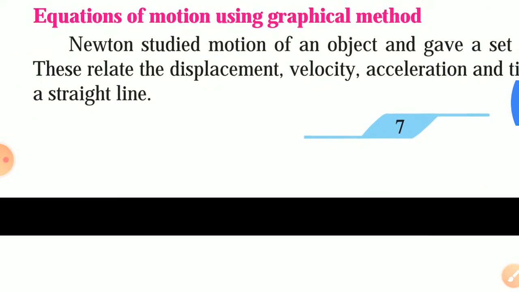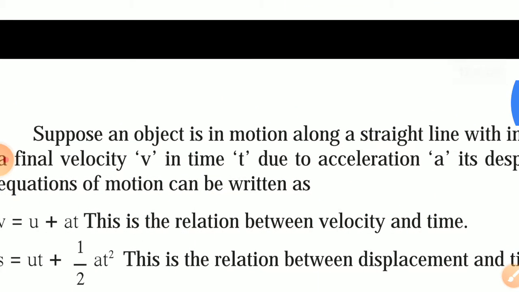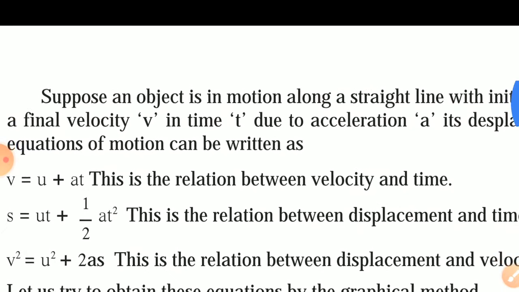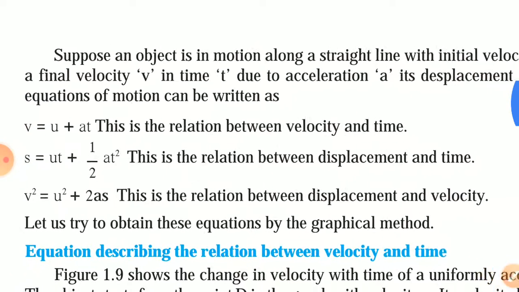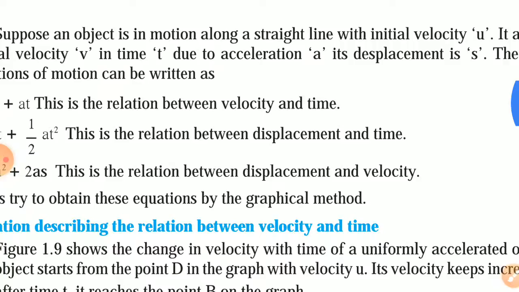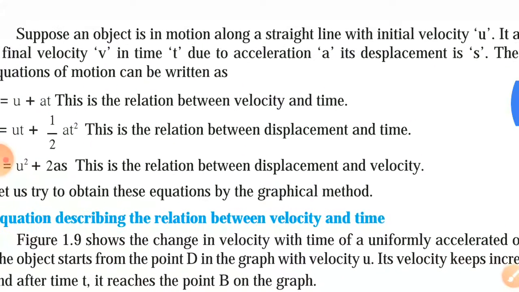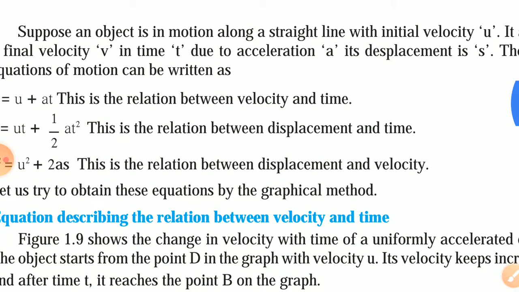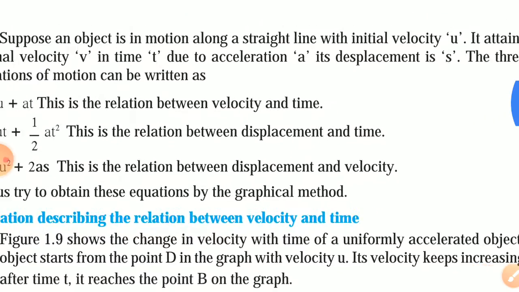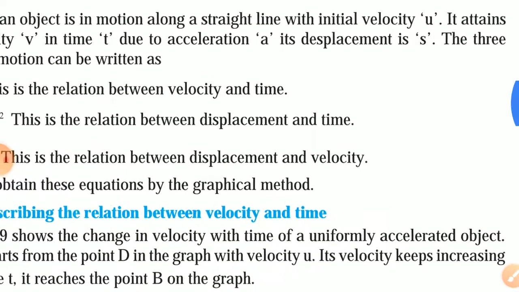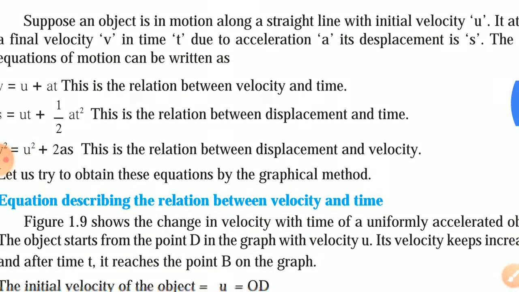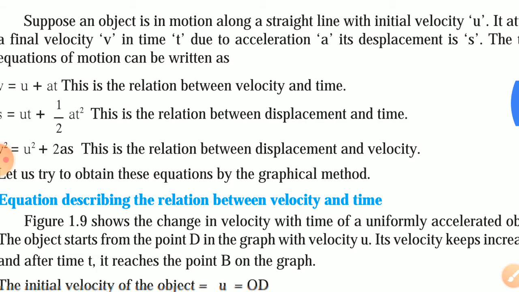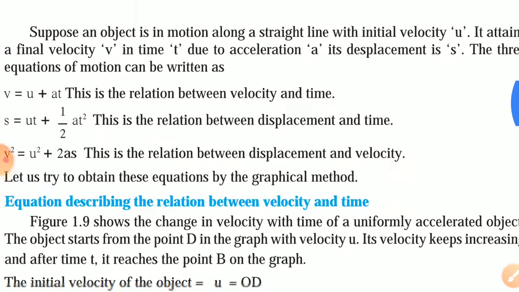Suppose an object is in motion along a straight line with initial velocity u. It attains a final velocity v in time t due to the acceleration a. The displacement is s.